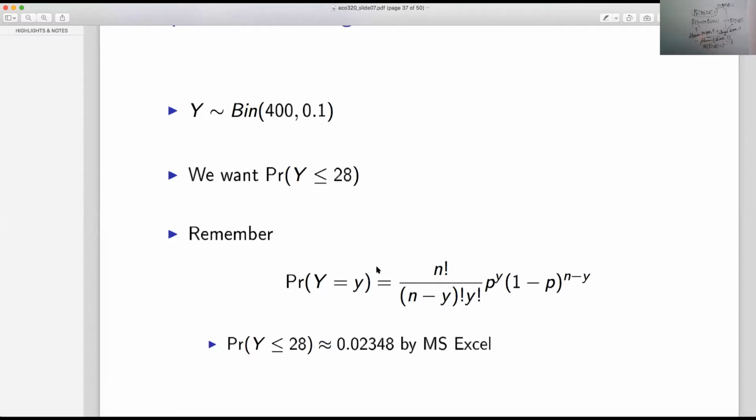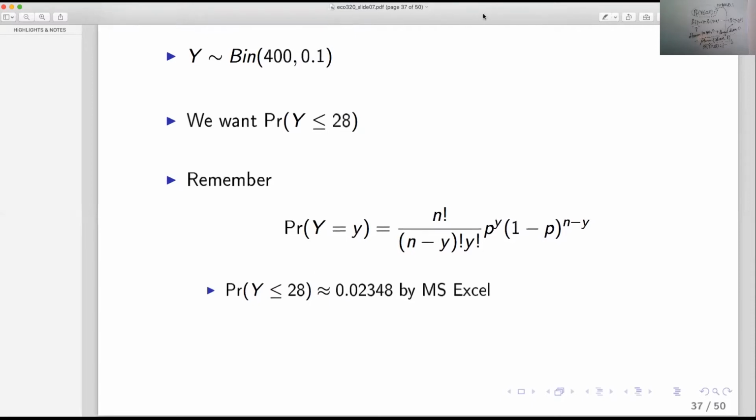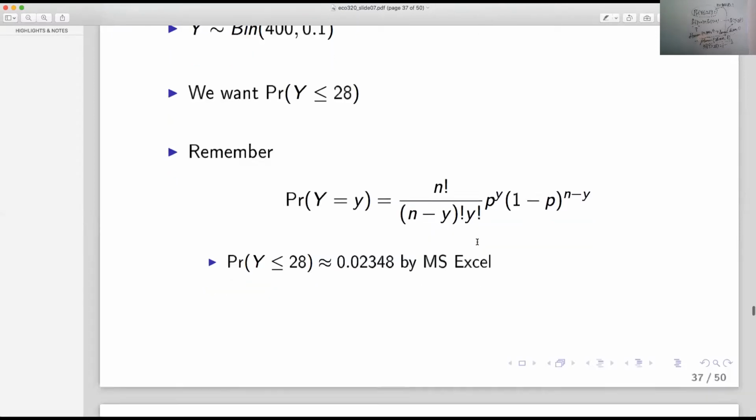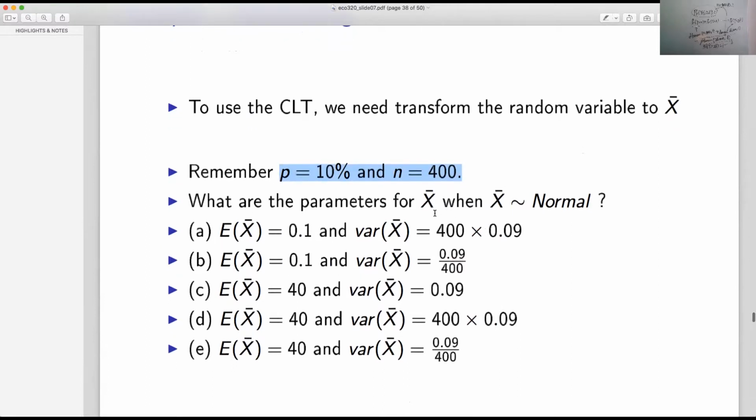As you saw, I used the Excel file in the slide, but you can get the same answer using our program. Okay, so now use the central limit theorem. We need to transform the random variable to X bar. So remember P equals this and N equals that.